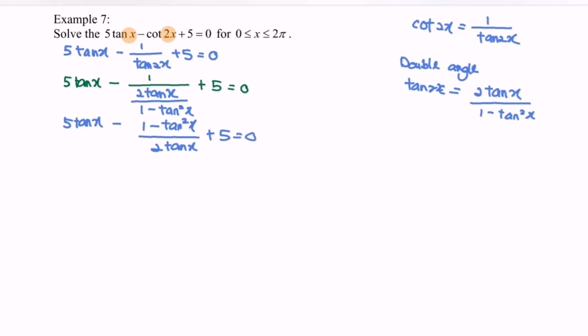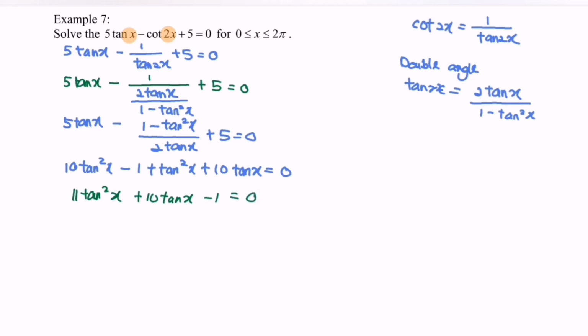Next, I'm going to multiply all the terms with 2 tan x, or equalize the denominator. So we will have 10 tan squared x minus 1 plus tan squared x plus 10 tan x equals 0. Simplify and we will have 11 tan squared x plus 10 tan x minus 1 equals 0.